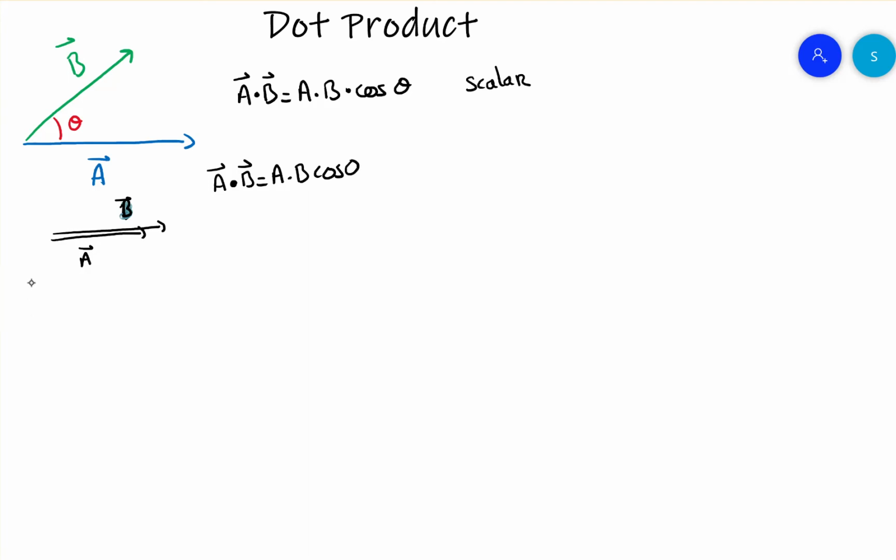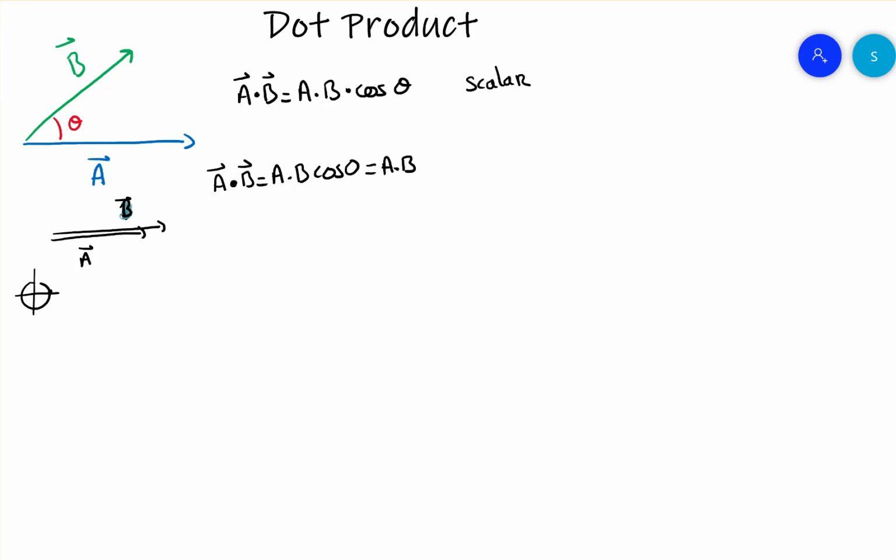And cosine 0, looking at the trigonometric circle, is 1. So it's equal to A times B. So if two vectors are collinear, the dot product between them is just the magnitudes multiplied together.